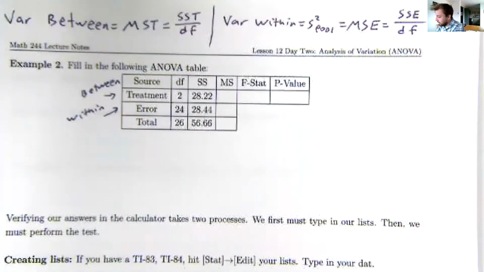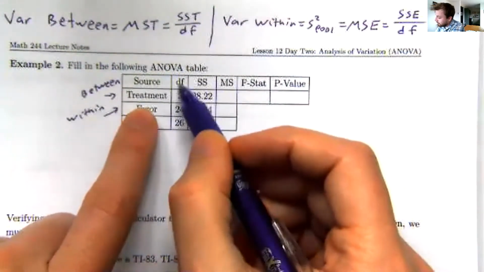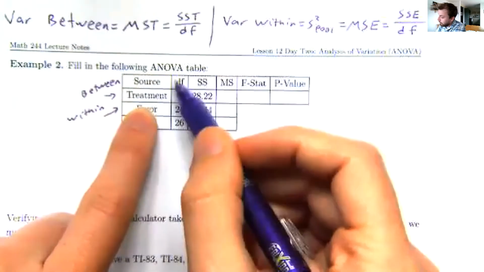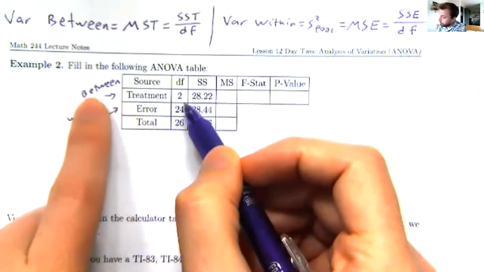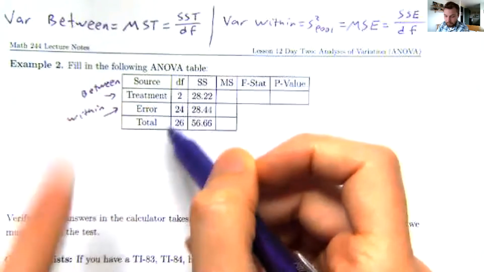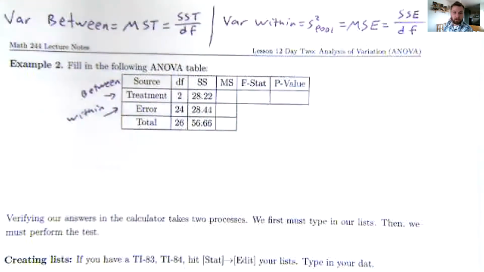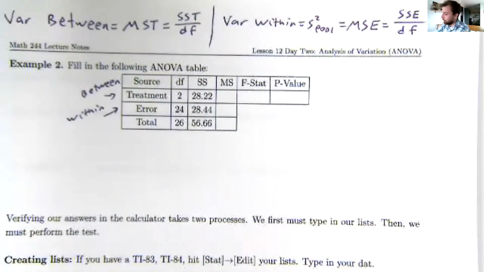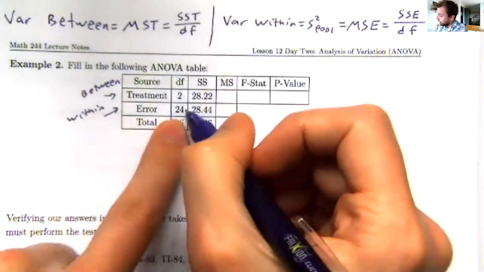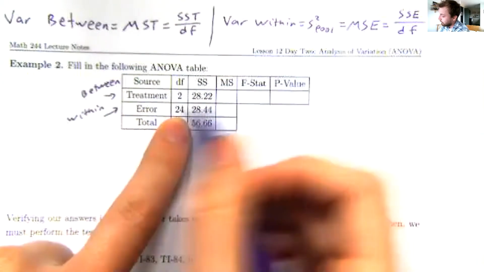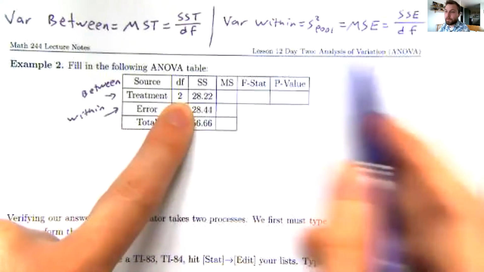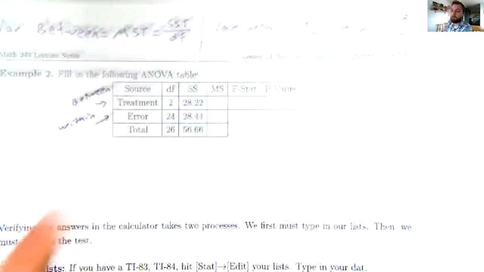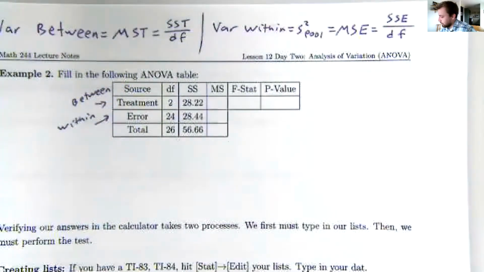So where I see this df, this is the degree of freedom for the treatment. This is the degree of freedom between groups. So one of my degrees of freedom here was 2. My second degree of freedom for the within group, for the MSE, that was 24. So this is giving me what each of those degrees of freedom will be when I'm doing some mini calculations.